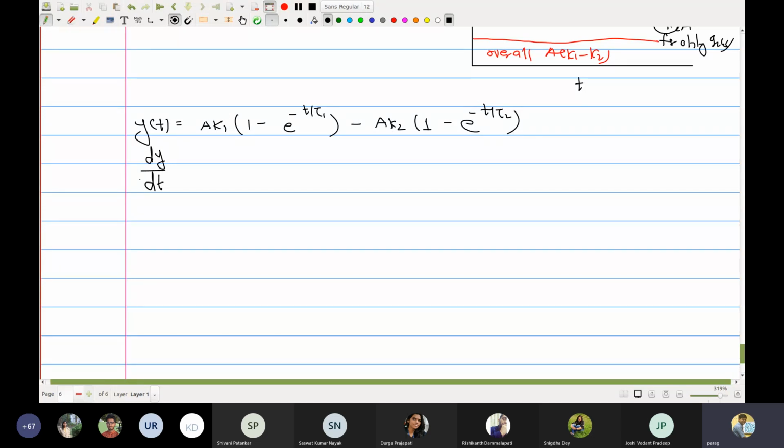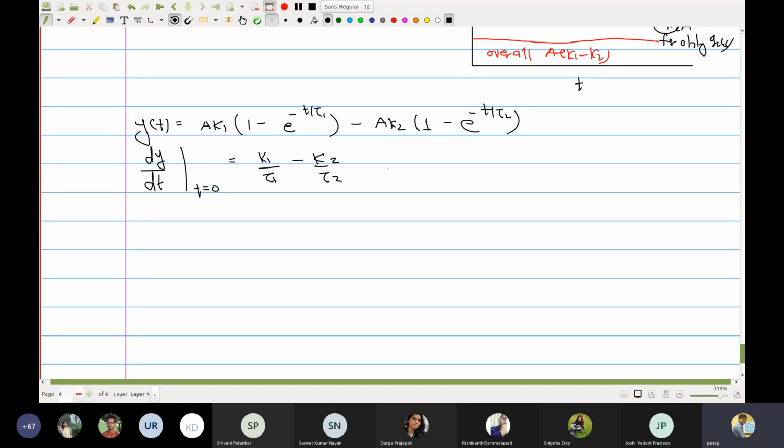What is dy by dt at time t equal to 0? This is going to be equal to K1 divided by tau 1, minus K2 upon tau 2.